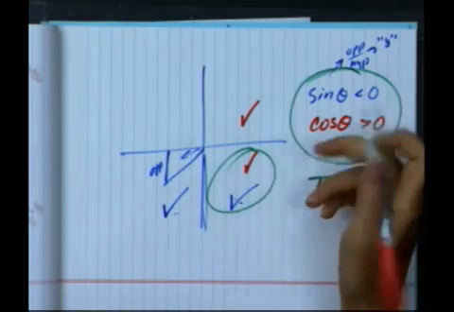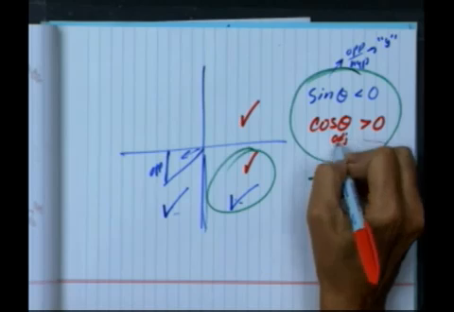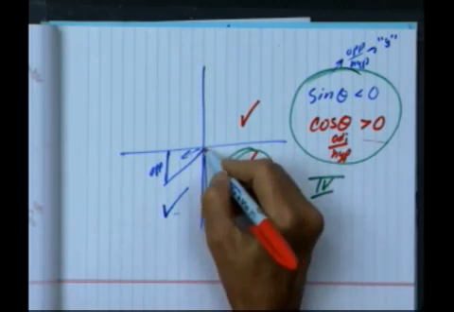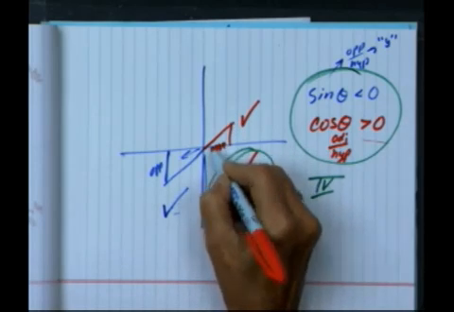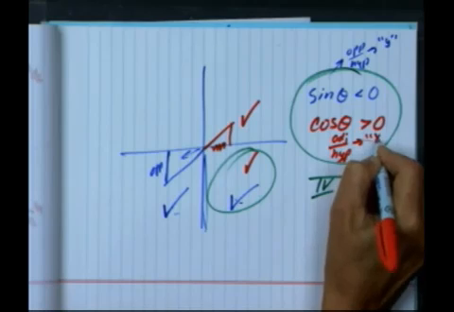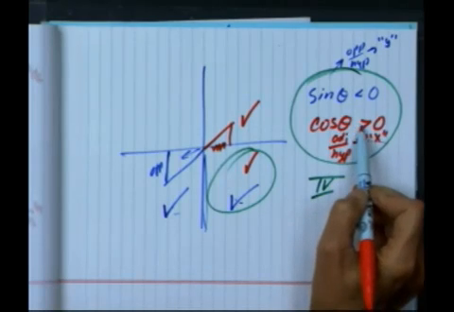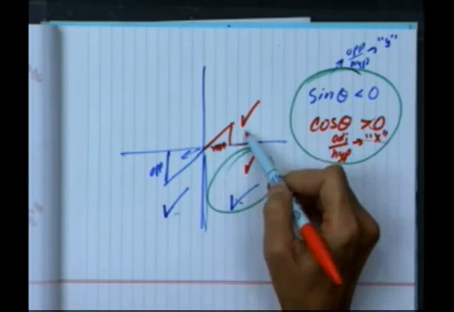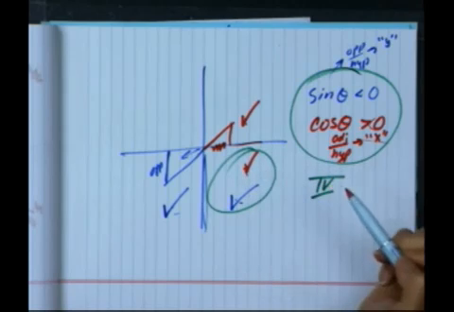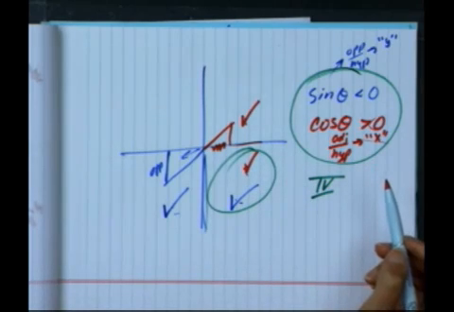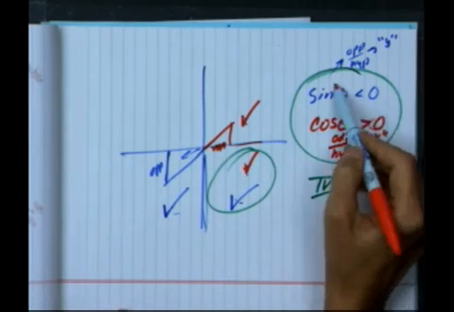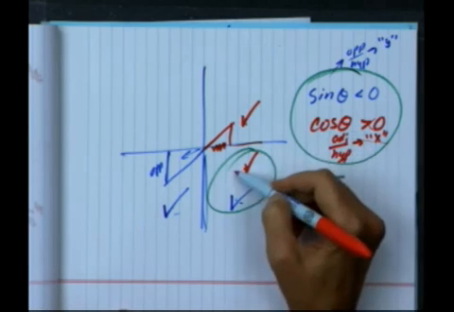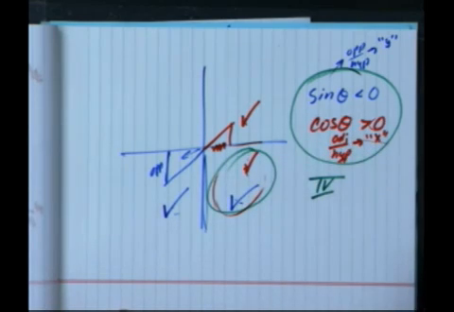Cosine, thinking in terms of adjacent over hypotenuse, whenever you draw a little right triangle, the adjacent is along the x values. So where are your x values positive? Your x values are positive for anything in the first and fourth quadrant. So the question becomes, in which quadrant would an angle that has a sine negative and a cosine positive lie? And you would have to say fourth quadrant.